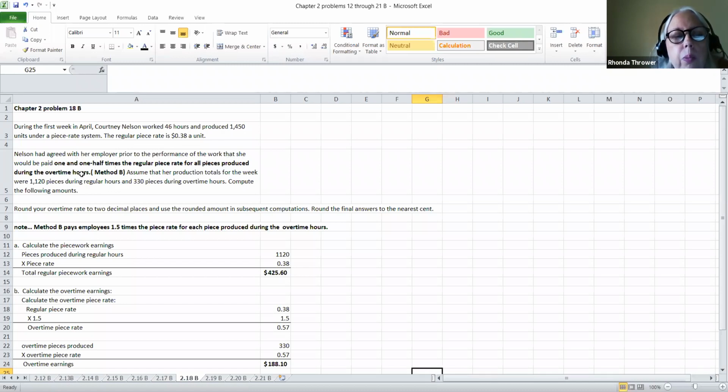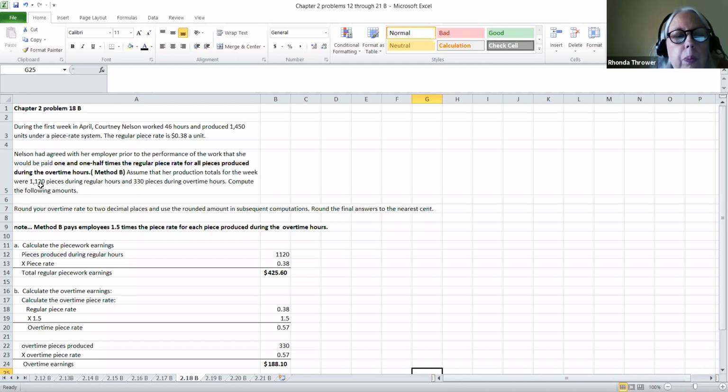And we call this method method B. Method A, if you'll remember, was 1/2 of the hourly rate, but method B gives you 1.5 times the piece rate for all pieces that are produced during the overtime hours. So it says, assume that her production totals for the week were 1,120 pieces during regular hours.